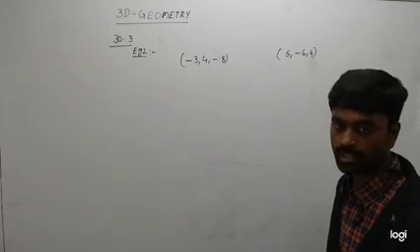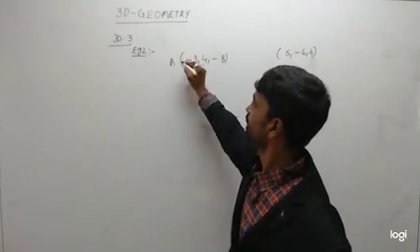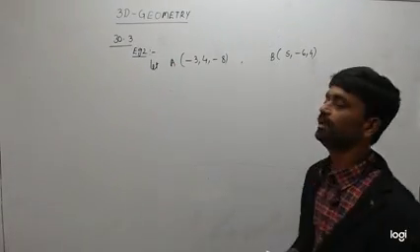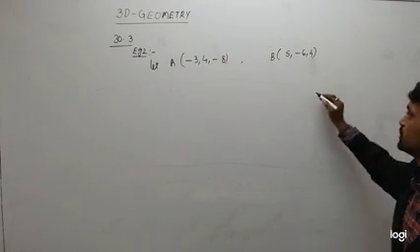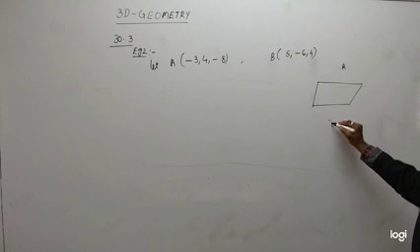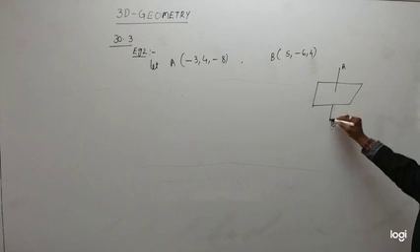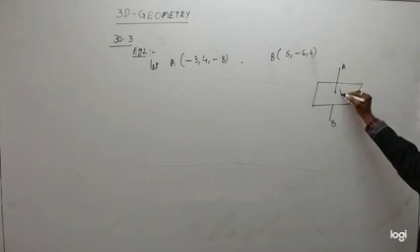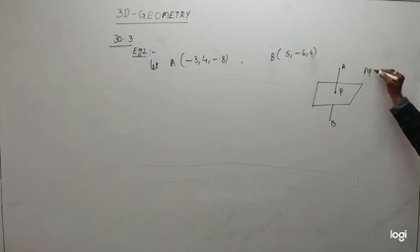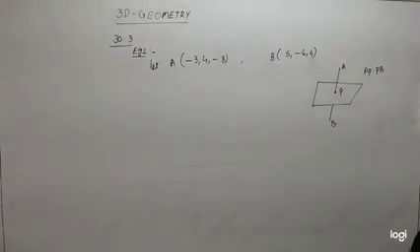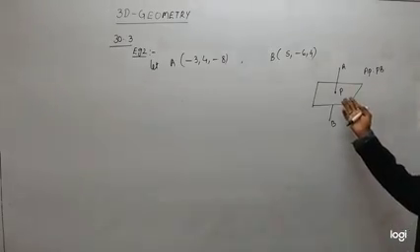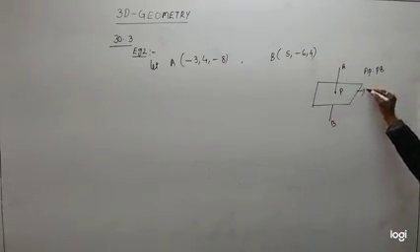In what ratio does the xy plane divide the segment joining the given points? Let the given points be A and B. Suppose this is the xy plane, point A is here and point B is here. Join them. Suppose they intersect at P, then we have to find AP is to PB. We also have to find the point of intersection of the segment and the XY plane, P.